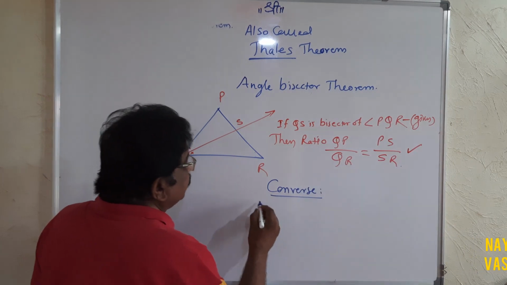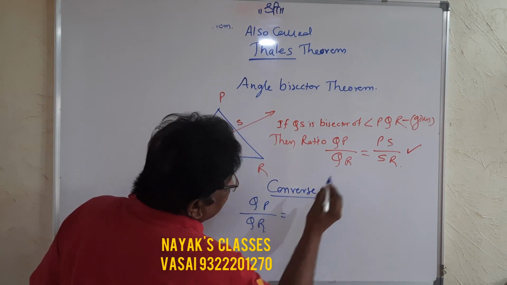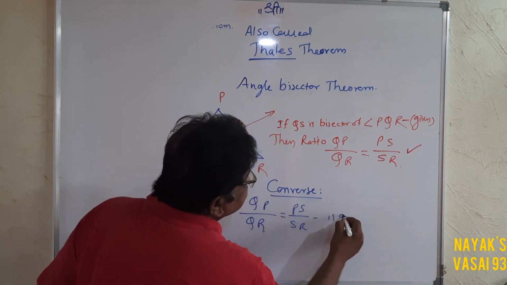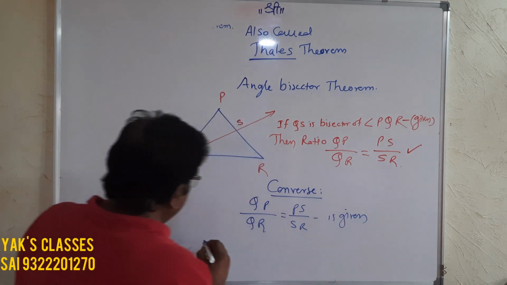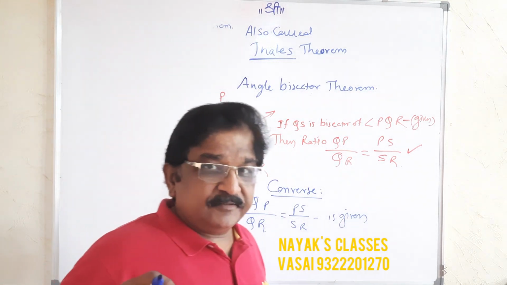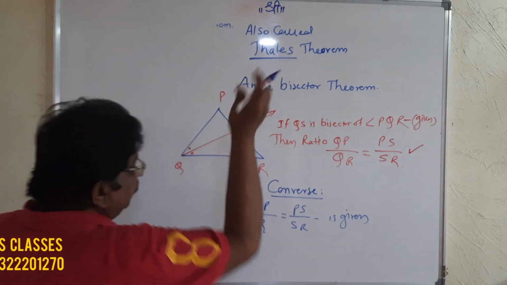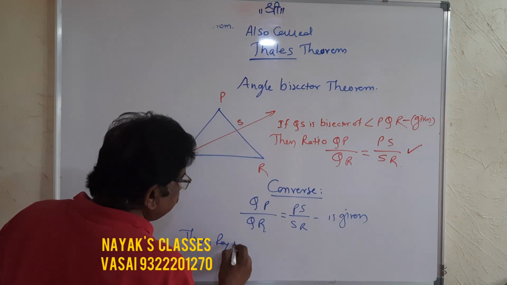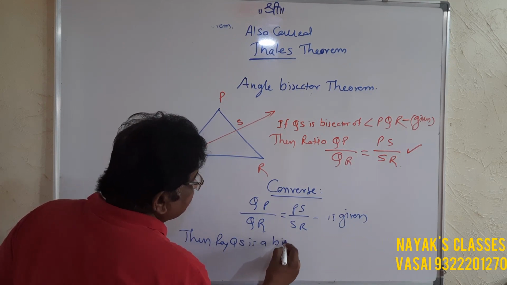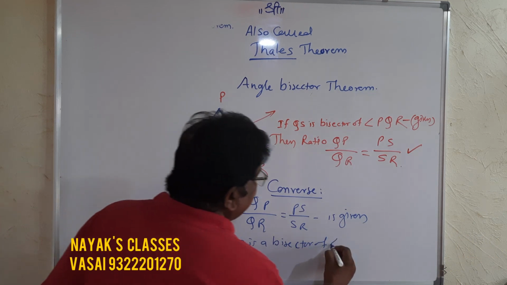Suppose QP upon QR is equal to PS upon SR is given. Then you can say certainly, fixed, you can say certainly QS is a bisector of angle PQR.